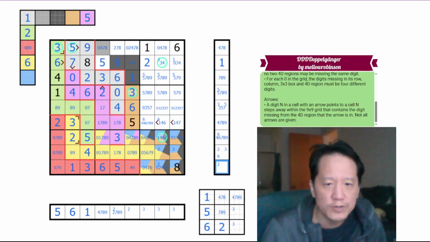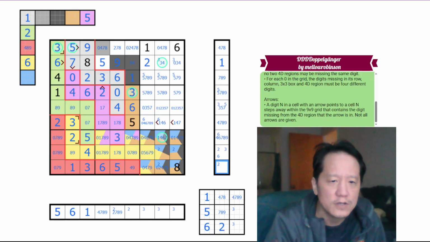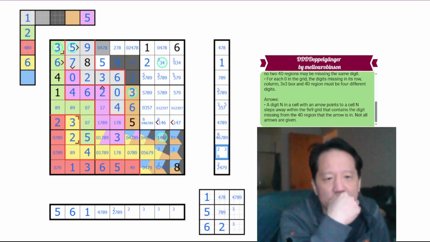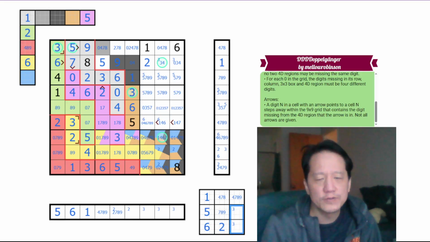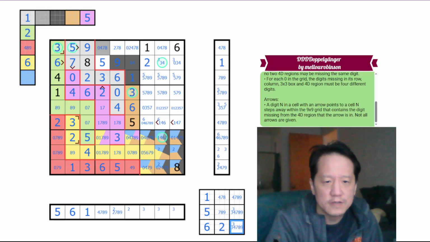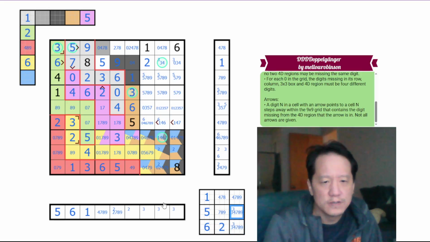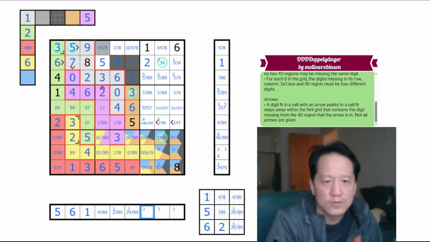We are missing in row 9 specifically 2, 4, 7, or 9. These are 3, 4, 7, 8, 9. So this is 2, 4, 7, 8, 9 here.